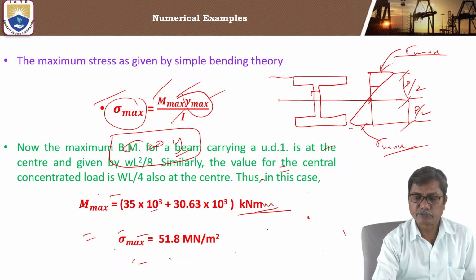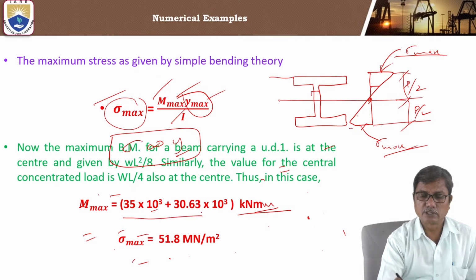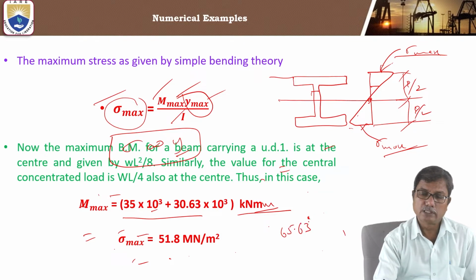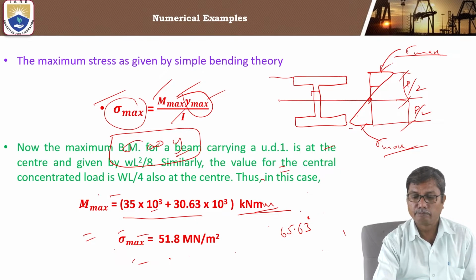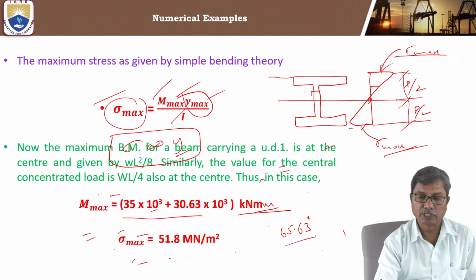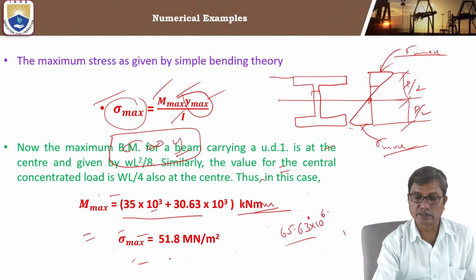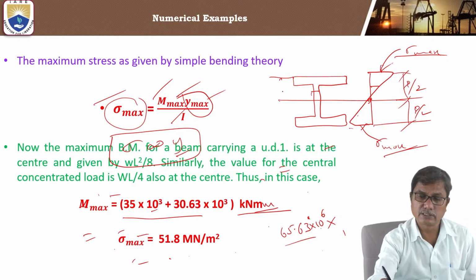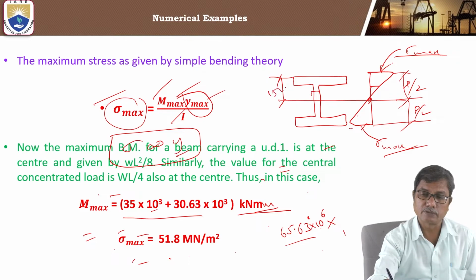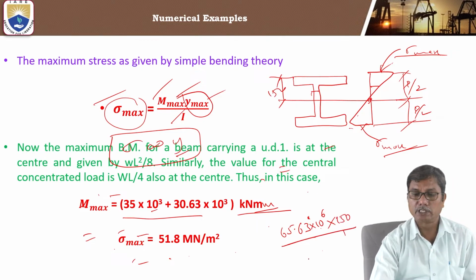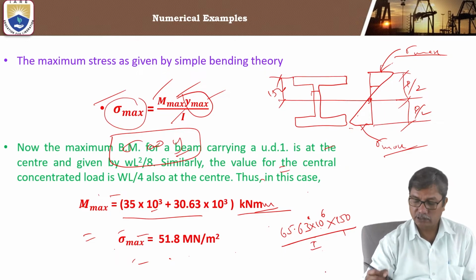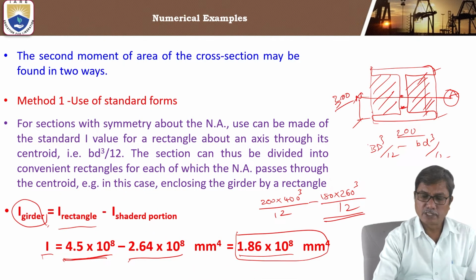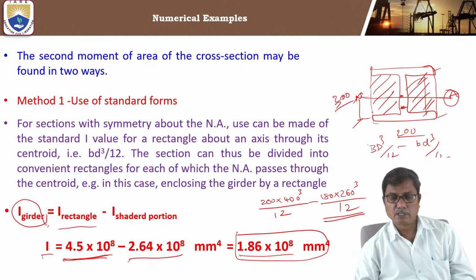Sigma maximum is the sum of this, 65.63 kilonewton meters into 10 power 6 Newton millimeters, into Y maximum, half of this distance, that is 150, divided by I, the moment of inertia you have already calculated: 1.86 into 10 power 8 mm power 4.